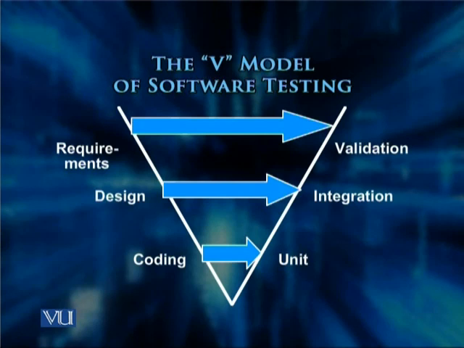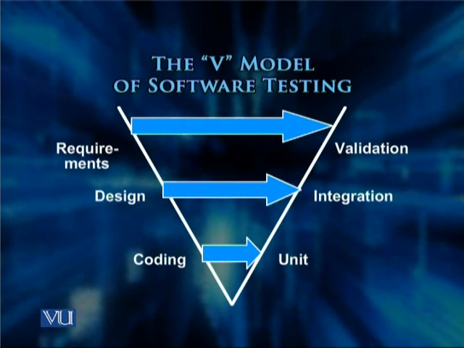We can also say that the programs or the source code that we developed are tested by unit testing, while the design is tested when we perform integration testing, and requirements are tested when we do validation testing.